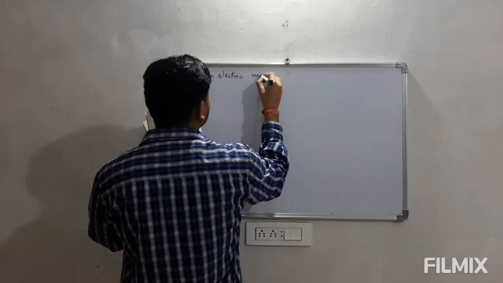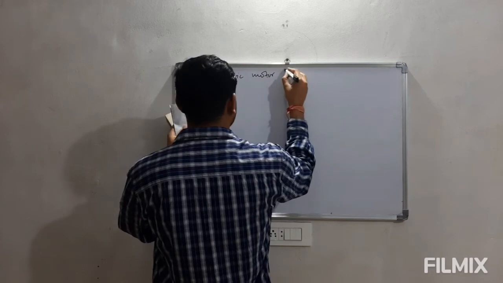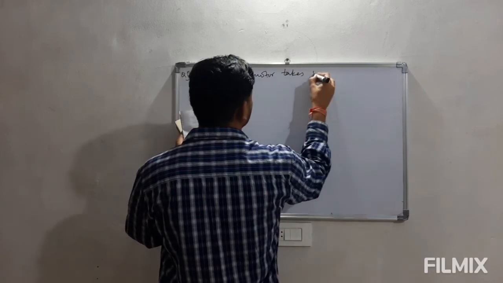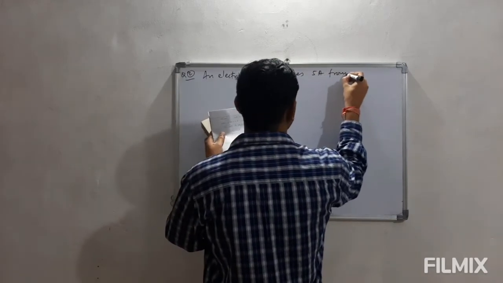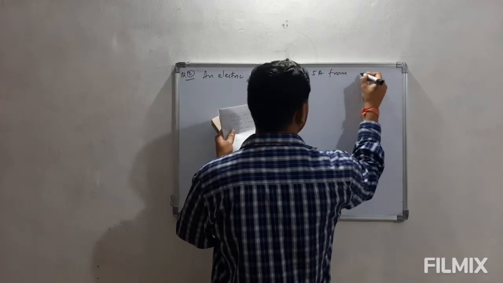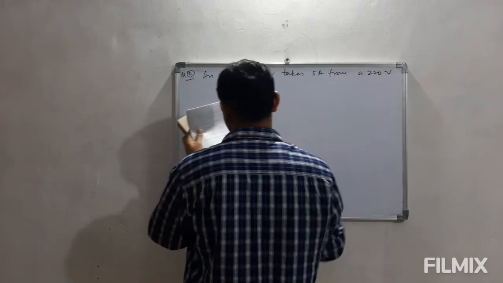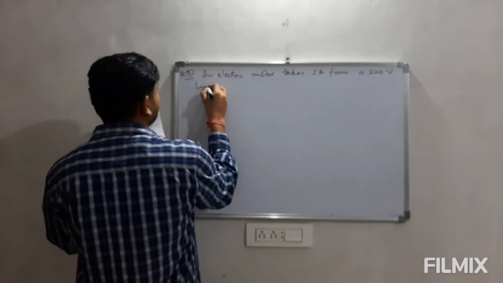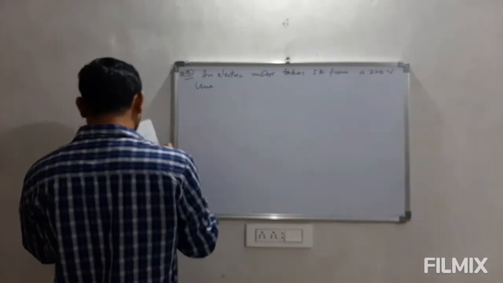An electric motor takes 5 amperes from a 220 volt line. The source is a 220 volt line.